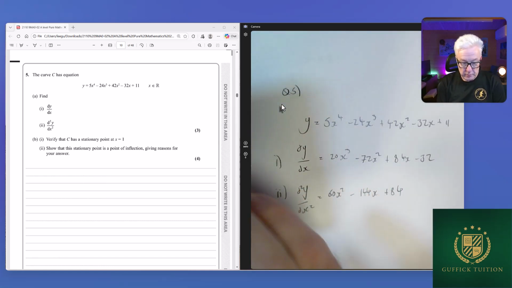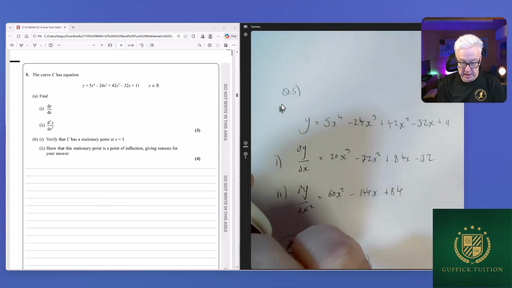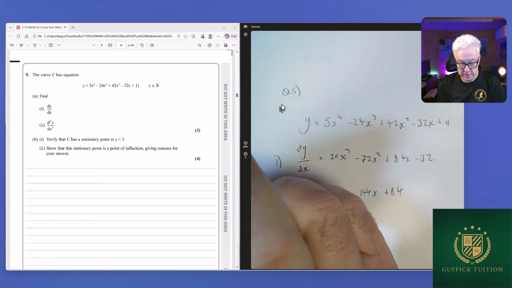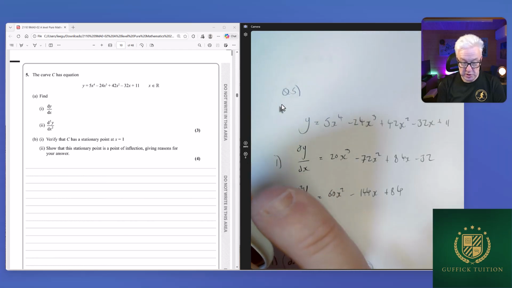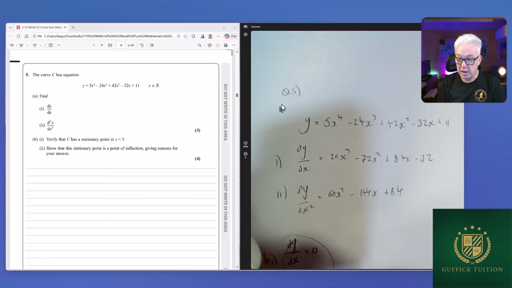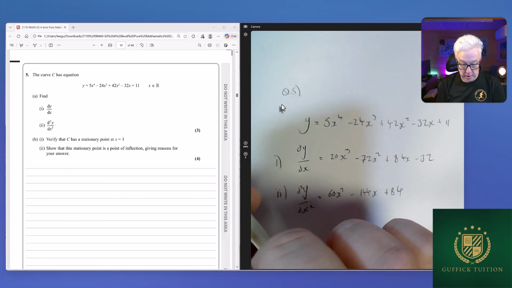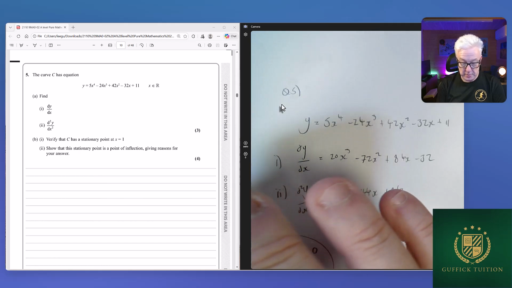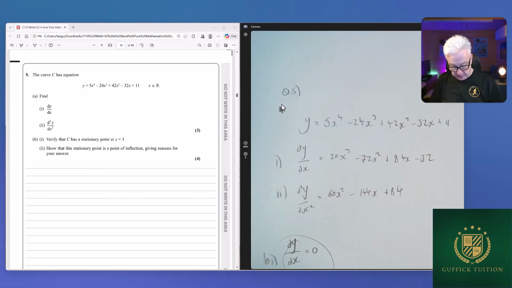So we're going to have 20 times 0.8 cubed, minus 72 times 0.8 squared, plus 84 times 0.8, minus 32, which is minus 16 over 25.